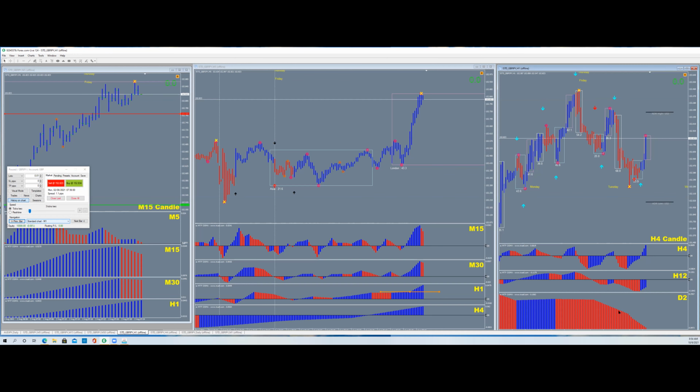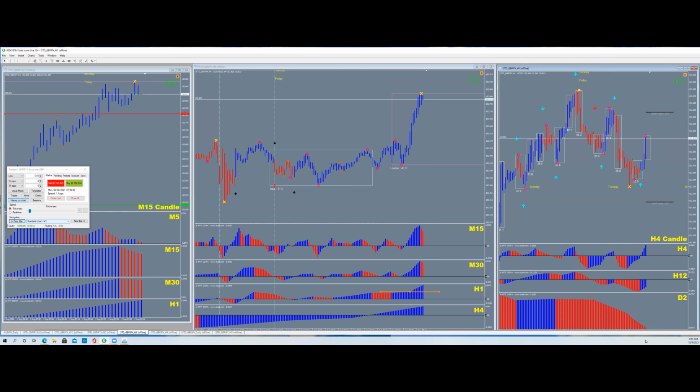Long term, we know that we're going against a long term trend, but if we come into the market today, in order to trade this long term, we will have to wait for this to set up and start coming back down. But if you come in today, you know that we're only trading long according to the H12 and the H4 until either the D2 decides to change direction or the H4 and H12 get back in sync with the D2.